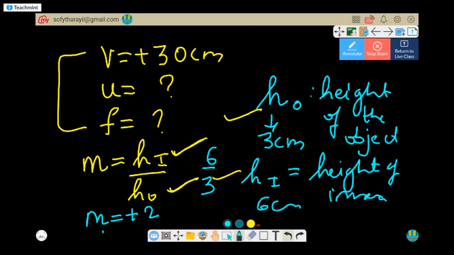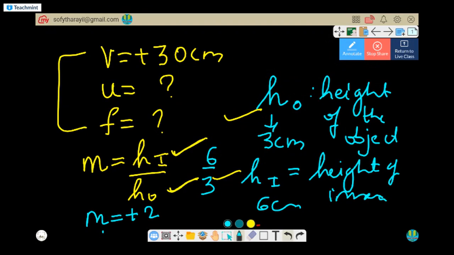We're going to use it to find the value of u. So here there was directly no need of using the lens formula, but yes, in the B part of the question, they have asked us to find the focal length. There you will have to use it. So write all this information.